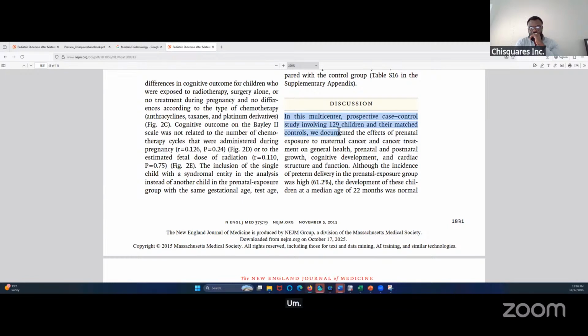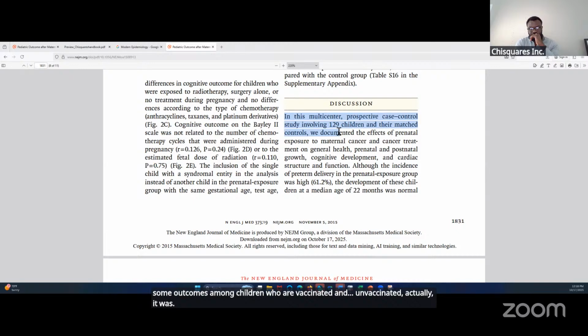I'll give an example of a study I participated in. It was on malaria vaccine, and it was looking at some outcomes among children who are vaccinated and unvaccinated children. It was severe malaria and then meningitis.